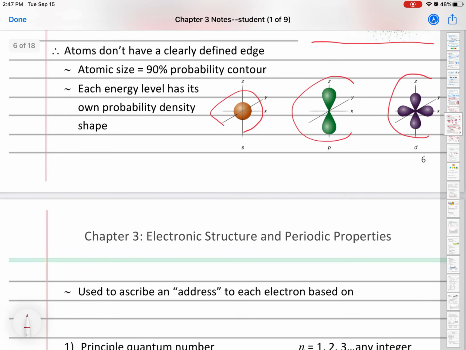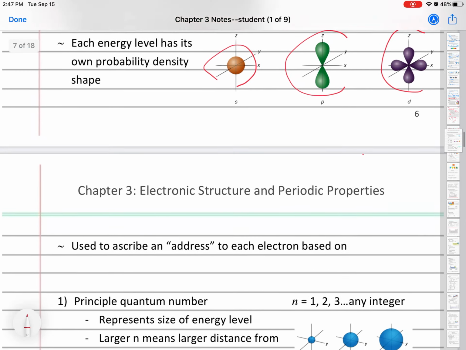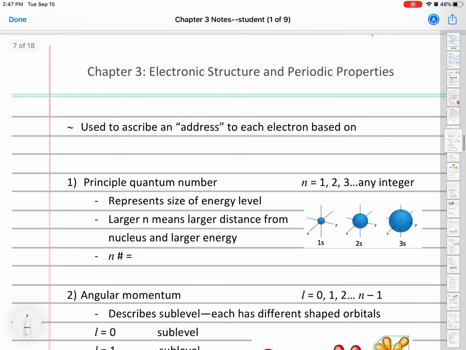And so electrons reside in these different energy levels, but the energy levels can be subdivided into further spaces. You can divide the energy levels up into sublevels, and the sublevels are made up of orbitals.